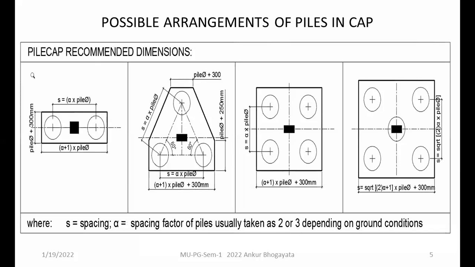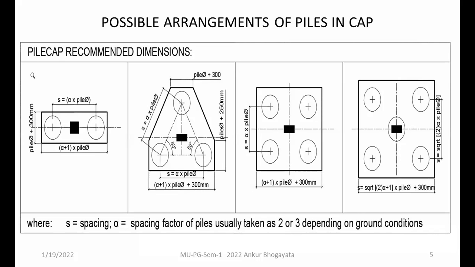So this is a combination of shapes of the pile cap, where the shape of the pile cap depends upon the number of piles in a group. As you can see here, it begins with two piles where one column is to be supported if it is heavily loaded. Then it may go up to any number.